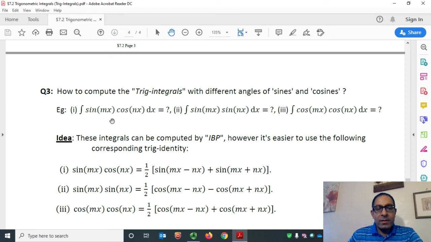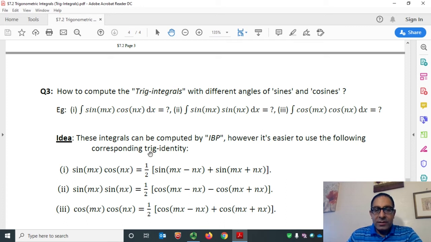Similarly, how to integrate an integral of type sine mx times sine nx. Similarly, how to integrate an integral of type cosine mx times cosine nx. Here, m and n are not necessarily the same.